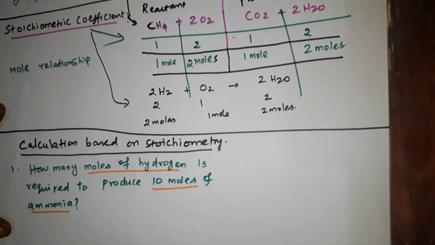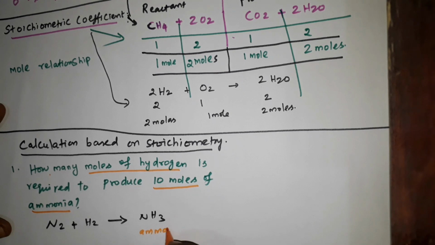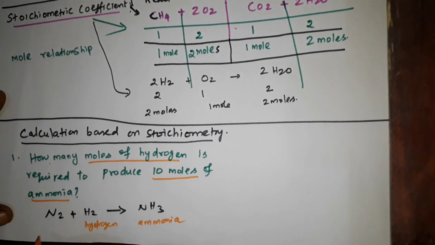So the equation is nitrogen plus hydrogen gives ammonia. Nitrogen plus hydrogen, we will get ammonia. So NH3 is the formula of ammonia. This is ammonia, hydrogen, and this is nitrogen.